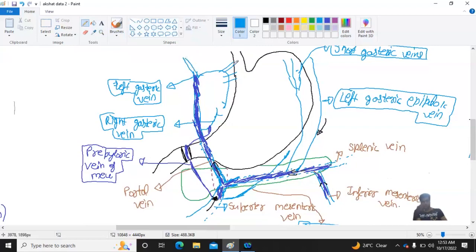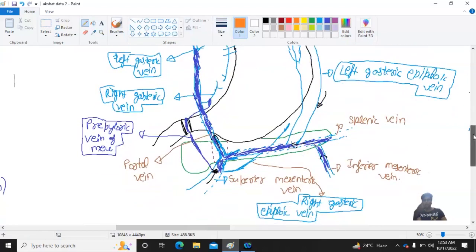This goes into the liver and finally drains into the liver. So this is the venous drainage of the stomach.